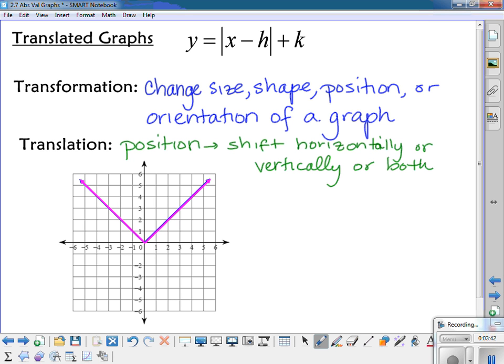So for instance, I can take my graph here, this is my parent graph, at 0, 0, and I can move it. If I decide to shift it to the right 2 and up 3, now it's in a new position.